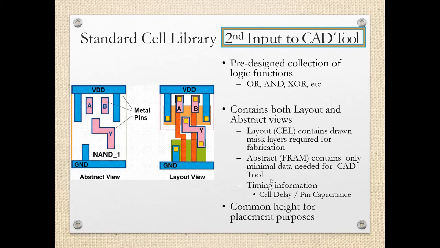The layout contains drawn mask layers required for fabrication, and the abstract contains only minimal data needed for the CAD tool. It also has the timing information, that is the cell delay, pin capacitance, etc., and the common height for placement purposes. So all these details are available in the standard library cell.